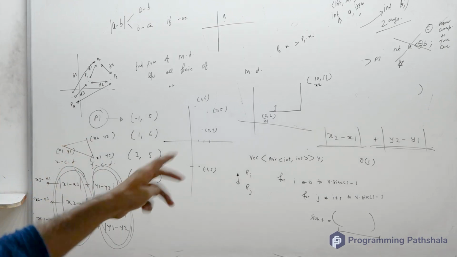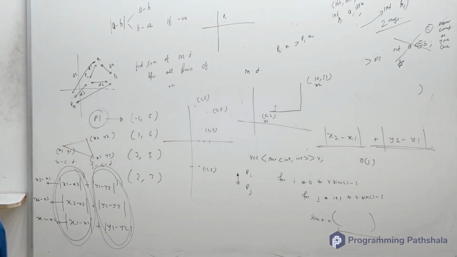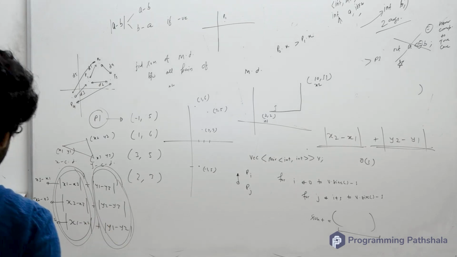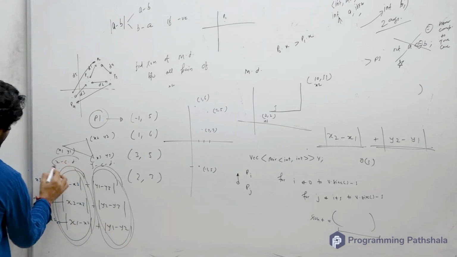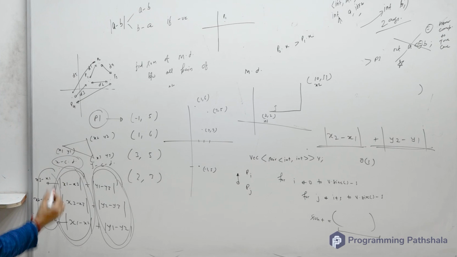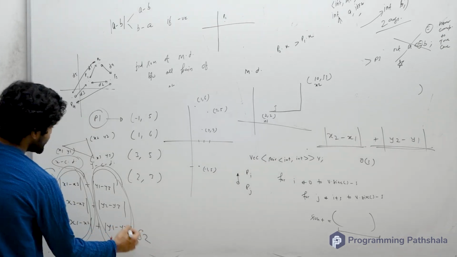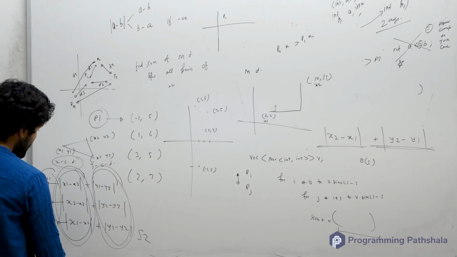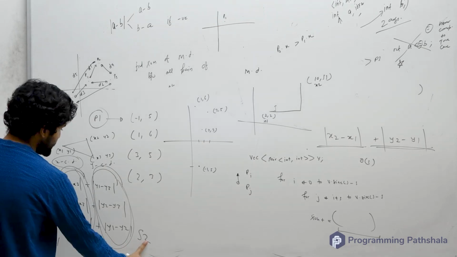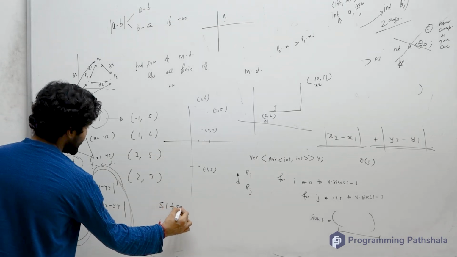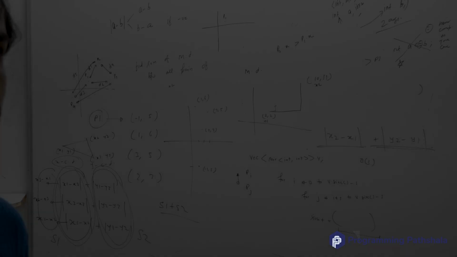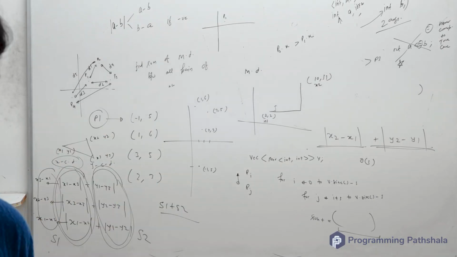No, they are having no impact. So my point is simple. First you calculate the sum of x coordinate distances and call it S1. Similarly, you calculate S2, which is the sum of y coordinate distances. If you are able to do these two things efficiently, then your overall answer will be S1 plus S2, isn't it? Right?